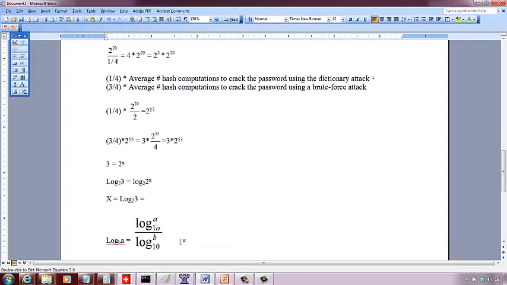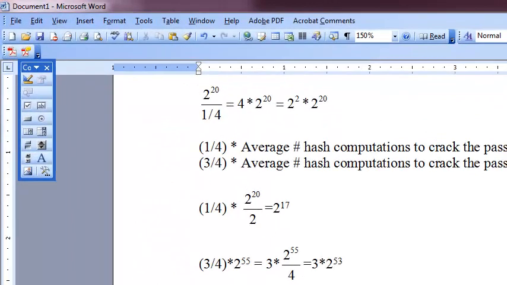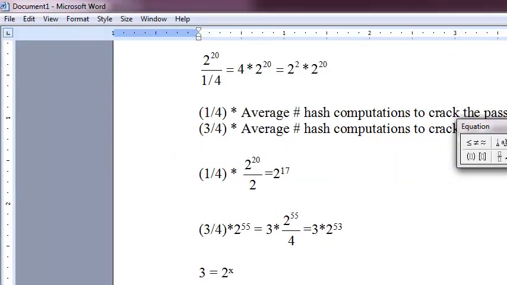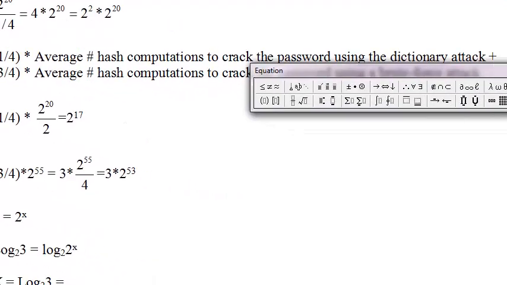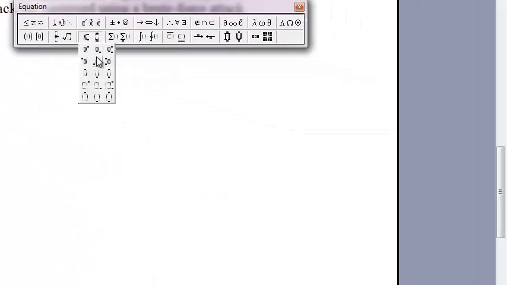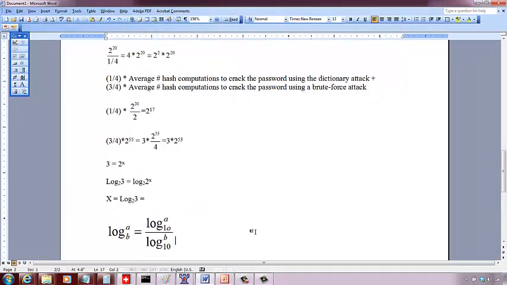So this is the formula that you can use to compute the log of a to the base b, right?